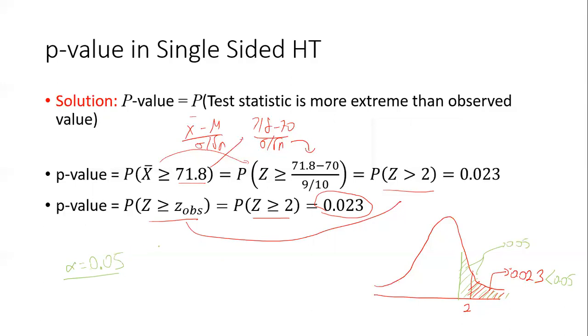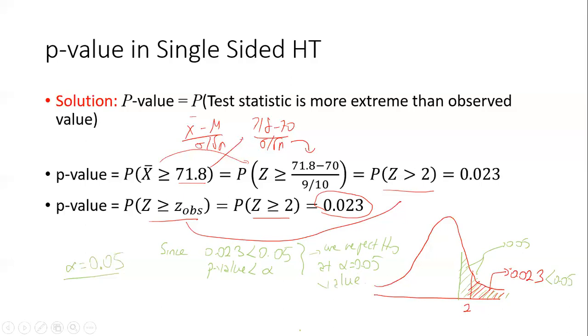Now I can write: since 0.023 is smaller than the given alpha value, since the p-value is smaller than the alpha value, we reject H0 at alpha equal to 0.05.